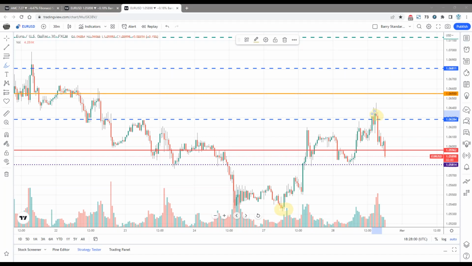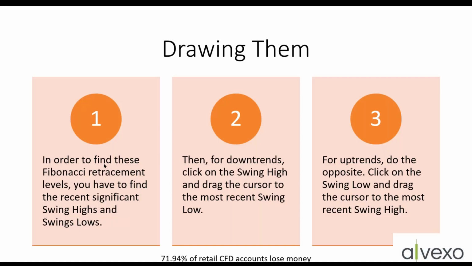Even though we've got these sequences that are preset in stone, it's how we draw our Fibonacci's on our charts. And this is critically important because to draw a Fibonacci retracement on your charts, you've got to identify the previous high and the previous low.